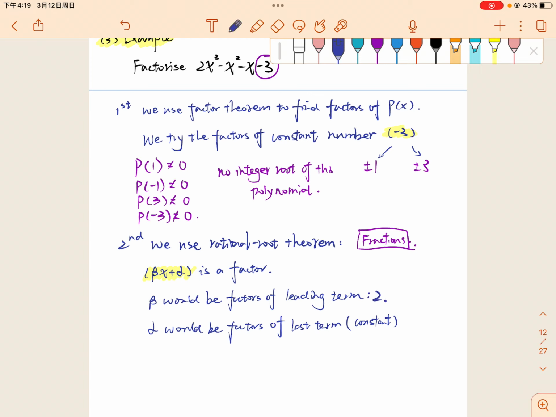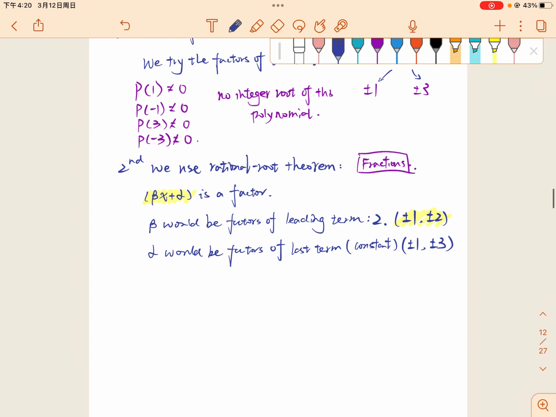That means beta could be plus or minus 1 or plus or minus 2. So that's our value for beta. And alpha would be a factor of the last term, that is negative 3. So alpha could be plus or minus 1 or plus or minus 3.